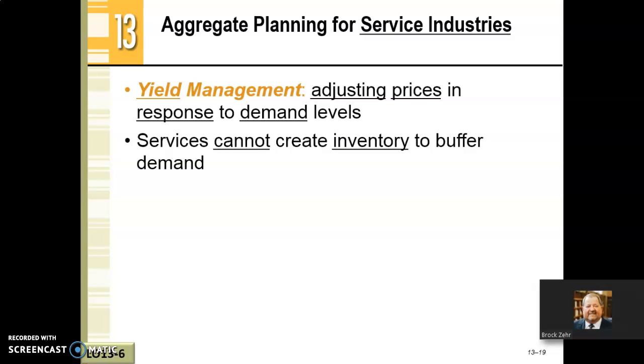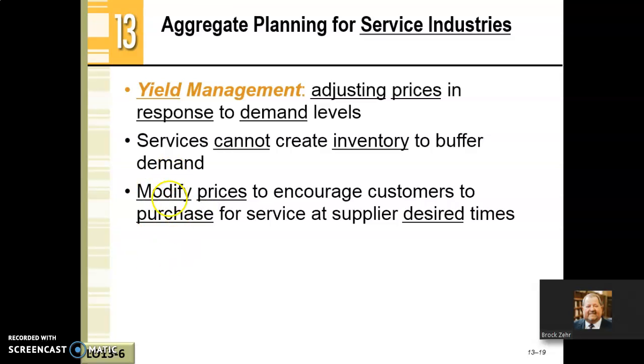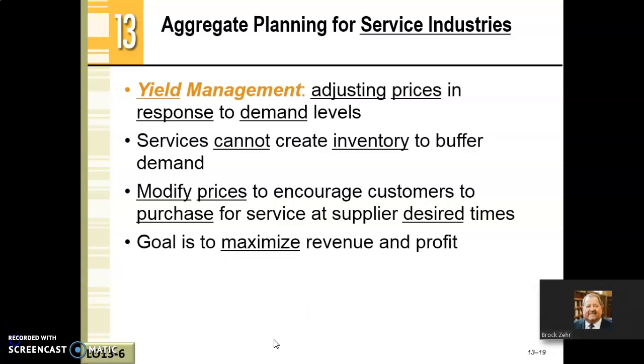You can't inventory a concert, a sporting event, showing of a movie. You can only deliver services real time. So rather than changing production level, we modify prices to encourage customers to purchase the service at desired times. The goal is to maximize revenue and profit.